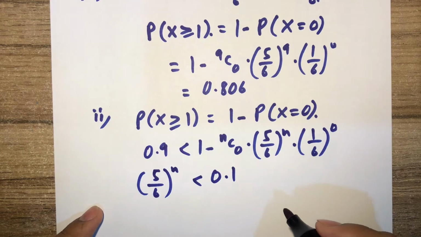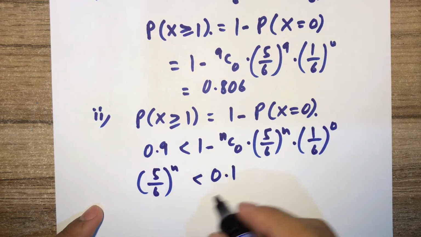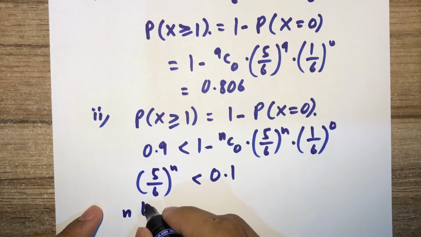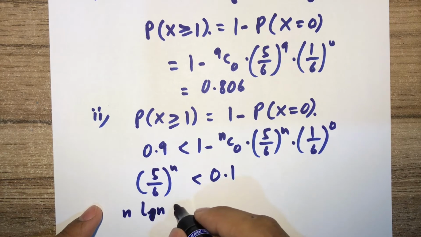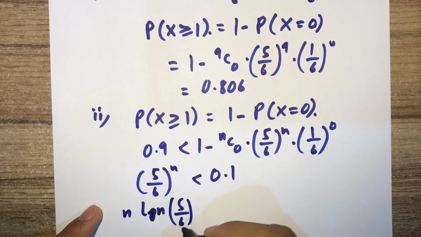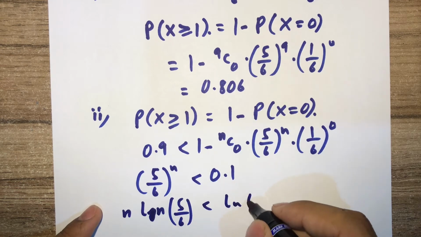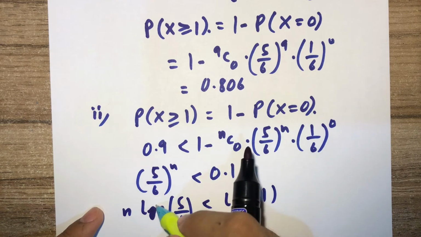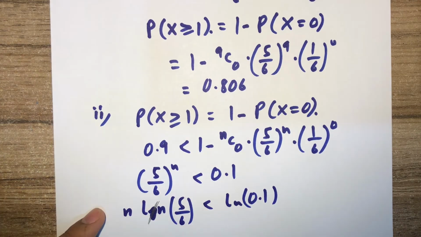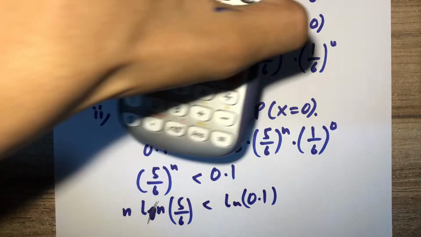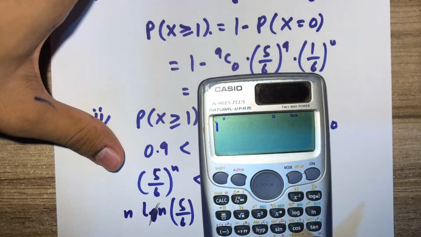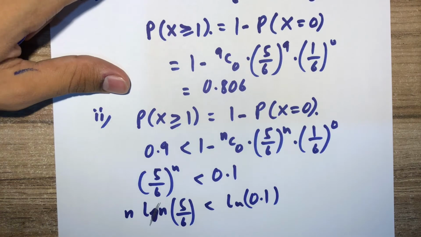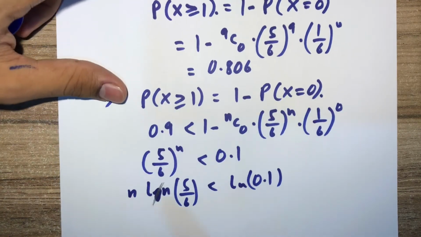I can apply log over here. So if I apply log to both sides, I'll have n ln 5 over 6 is less than ln 0.1. Now ln 5 over 6 is negative 0.182.